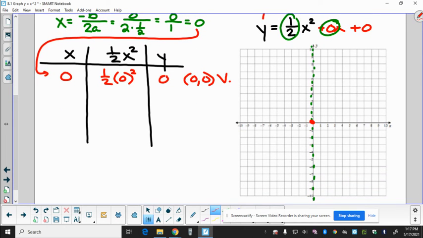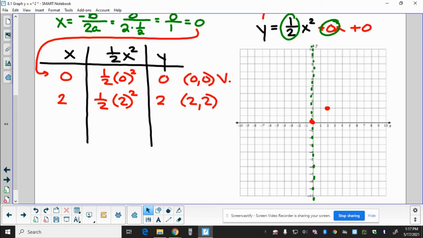Now, you could pick the number 1 if you want to, but it's going to be really hard to calculate with. I'm going to pick the number 2. Now you'll see why, because it's going to be 1/2 times 2 squared. Well, 2 squared is 4, and taking half of 4 is pretty easy. That's 2. So you kind of got to be smart about the way you pick your points.